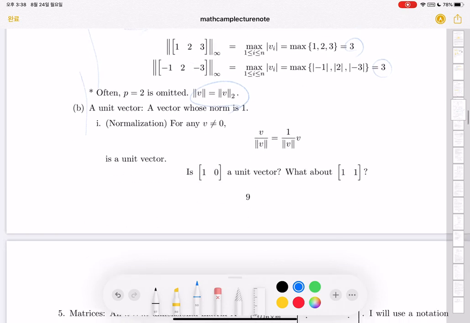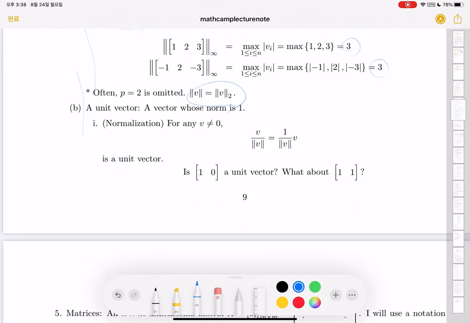A unit vector is a vector whose norm is 1. So any vector can be normalized by dividing itself by its norm, right? So for 1 and 2, the length of this is the square root of 1 plus 4, which is the square root of 5.